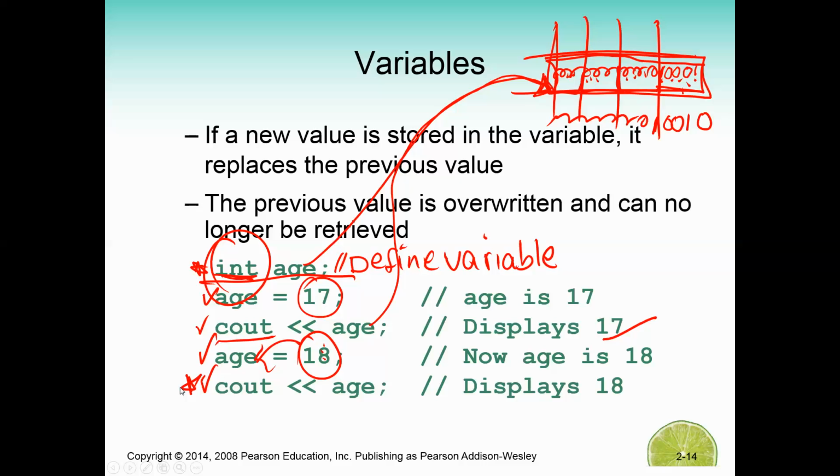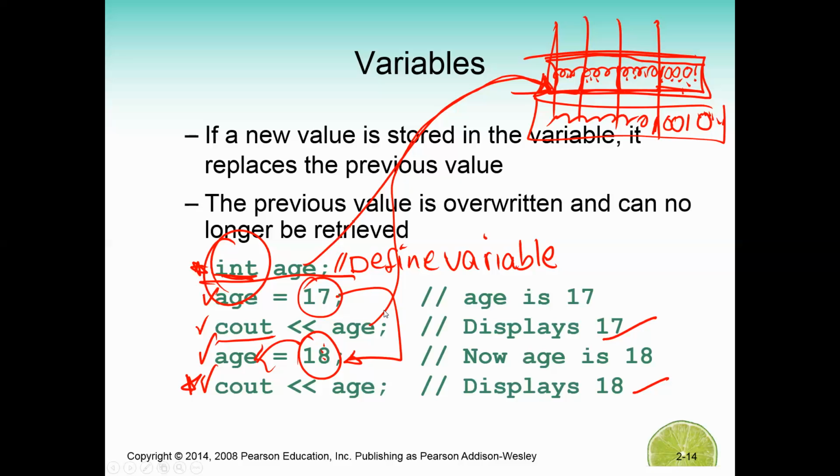It's going to display the age that you put in there. What did we put in there? What do we have? 18. So that's what it's going to be displaying because that's what we have in there. This value right here. So we started with the 17 and now we have an 18.